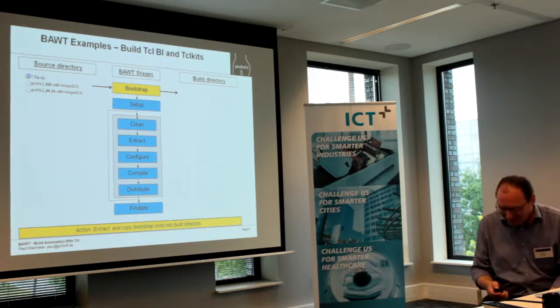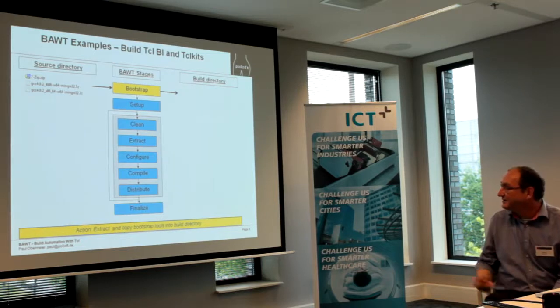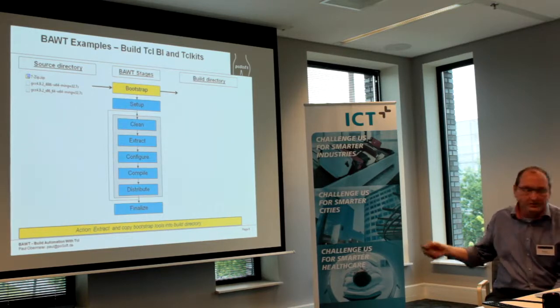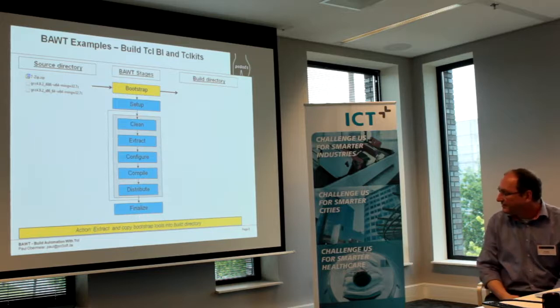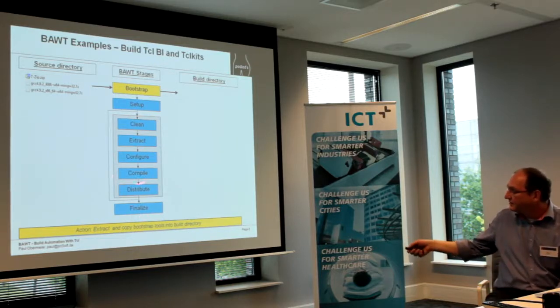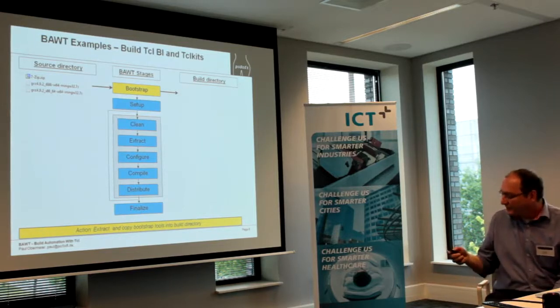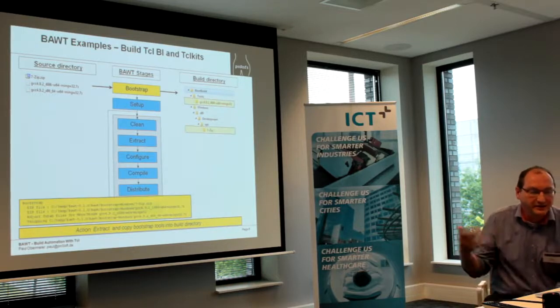The build or distribution process is divided up in several stages. There are two general stages at the beginning and one general at the end, and these four stages are for each library. So the first one is the bootstrap step.